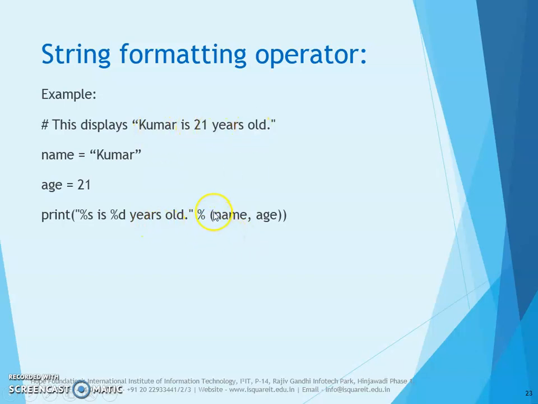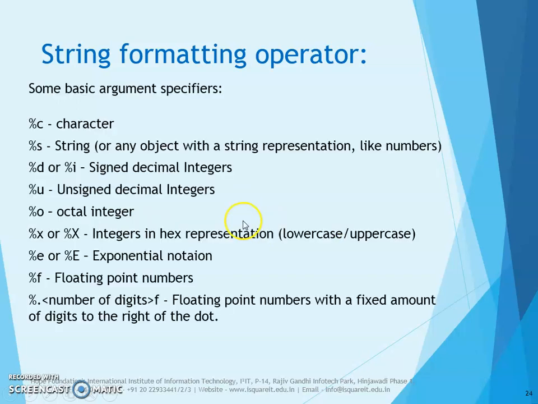So simply, whatever the sequence is inside the tuple, first is the string, so the string will be displayed here, and in %d, this d is for the integer data that is stored in age. So these are the argument specifiers that we use after this percentage operator for formatting the string. %c is for character.